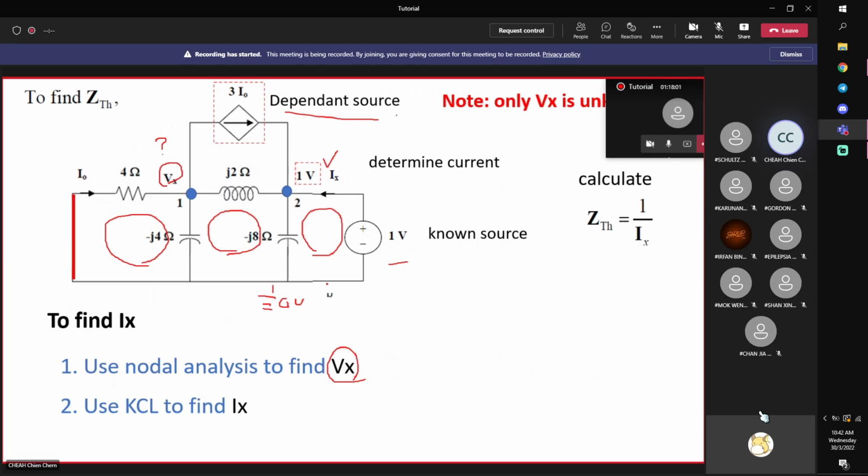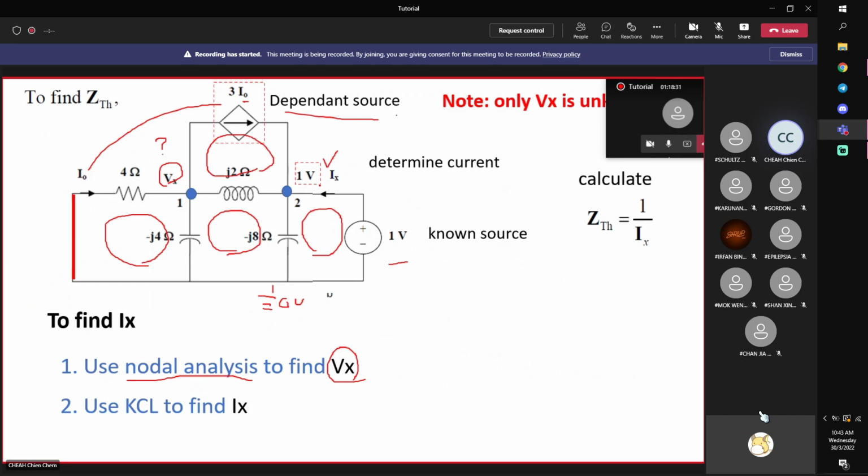This one is not considered, because once you can calculate this I0, then you know this one. So either 2 or 3, but 1 is still better, correct? So I should use nodal analysis. It will save you a lot of time if you spend a little bit of time to decide, right?